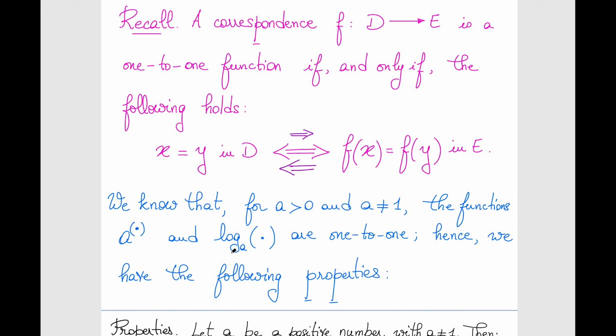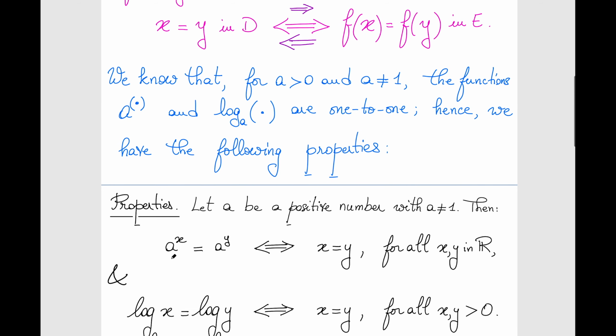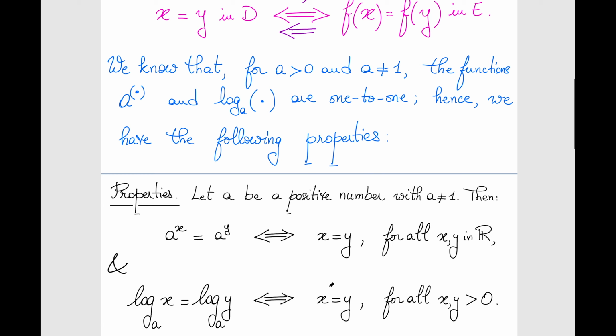And whatever is going to sit inside the log should be in the domain of log base a, and we know log base a does not act on numbers that are non-positive. So this has to be positive. Make sense? So I'm going to rewrite this statement one time for this function and one time for this function. And what do we get? We get exactly these two.